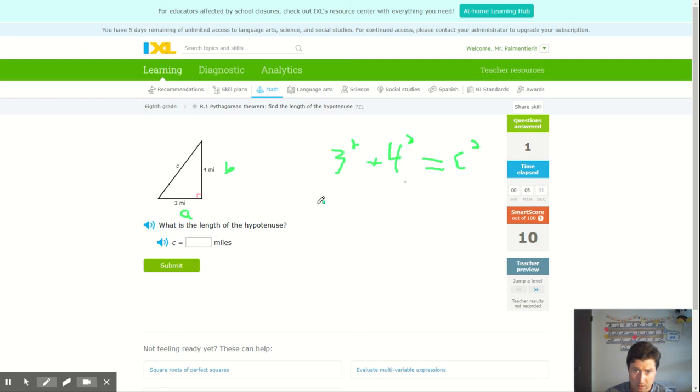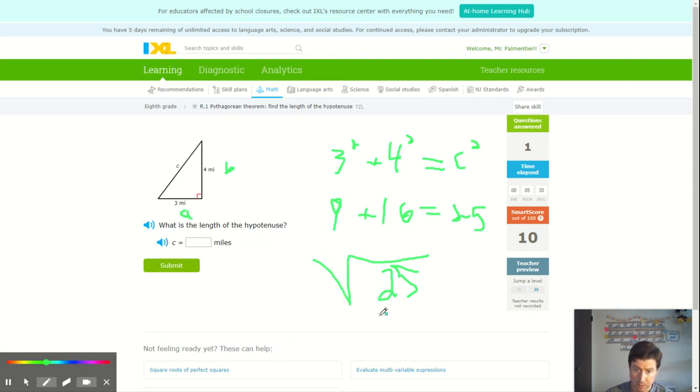So now we know this is 9 plus 16, and 9 plus 16 is 25. And the last thing you want to do is take that 25, and now you're going to take the square root of 25, which is going to be 5. Again, rely on that list I provide you.